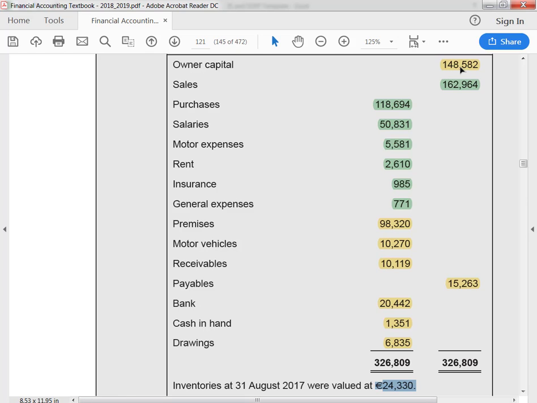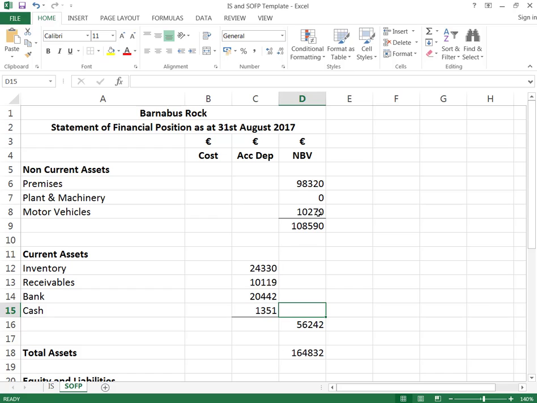So we haven't got to the capital yet, but we've got premises, motor vehicles, receivables, bank, cash in hand, and we're going to deal with payables, drawings and owner's capital in the equity and liabilities section of our statement of financial position. So far so good.